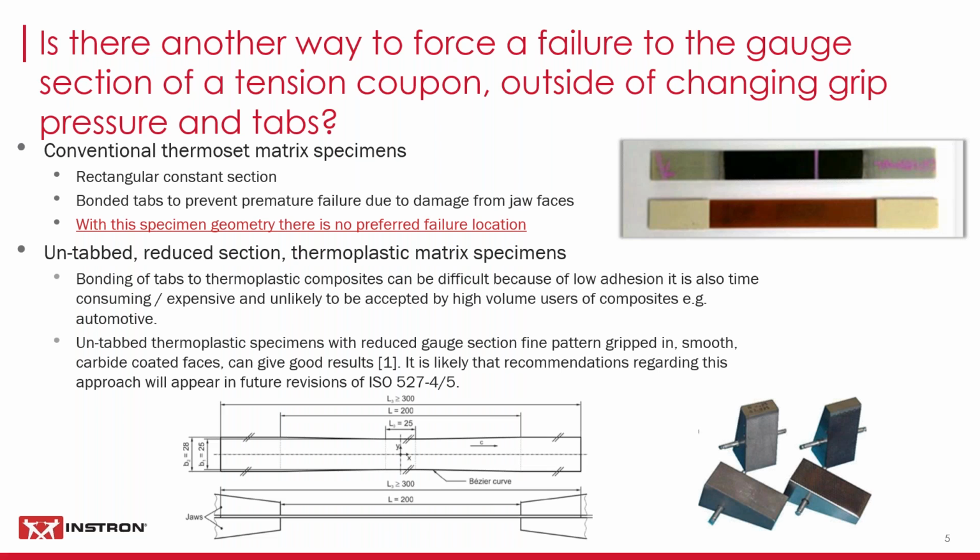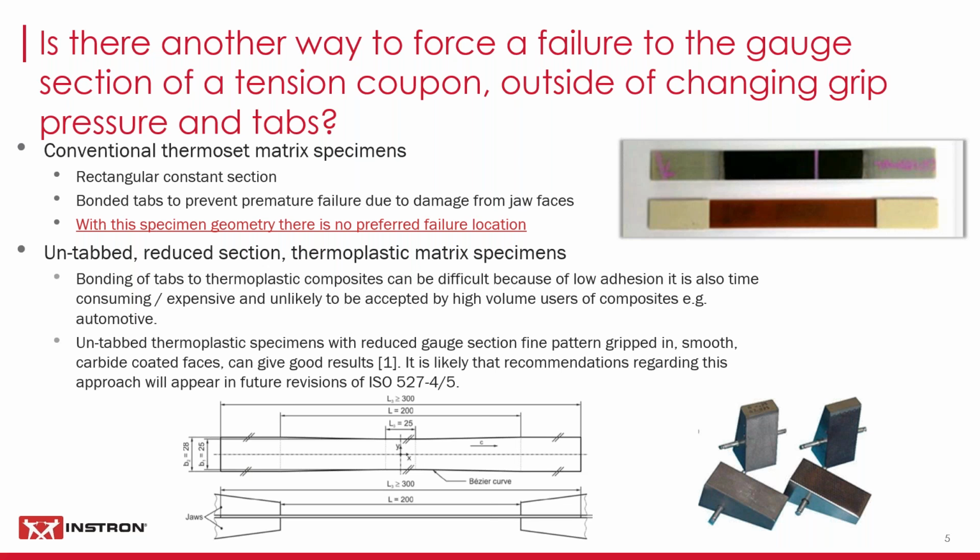So in terms of what's happening out there in the world, and something that might be a solution to this in the future, is certainly within the thermoplastic composite community. There's a lot of concern about testing with rectangular specimens and tab specimens.